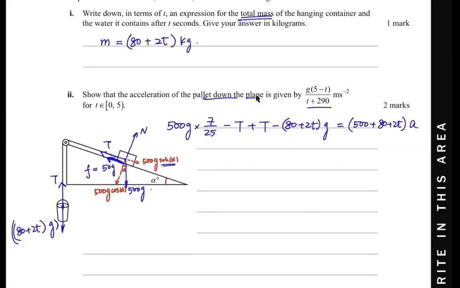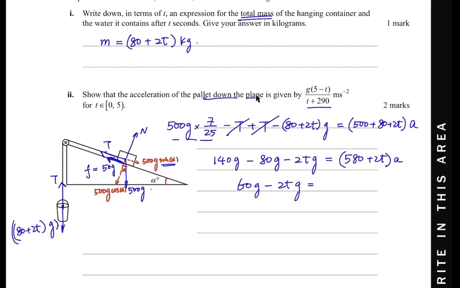So here you should have 140G. These two will get rid of each other, minus 80G minus 2TG is 580 plus 2T times 8. 60G minus 2TG is 2 out. 290 plus T times 8.